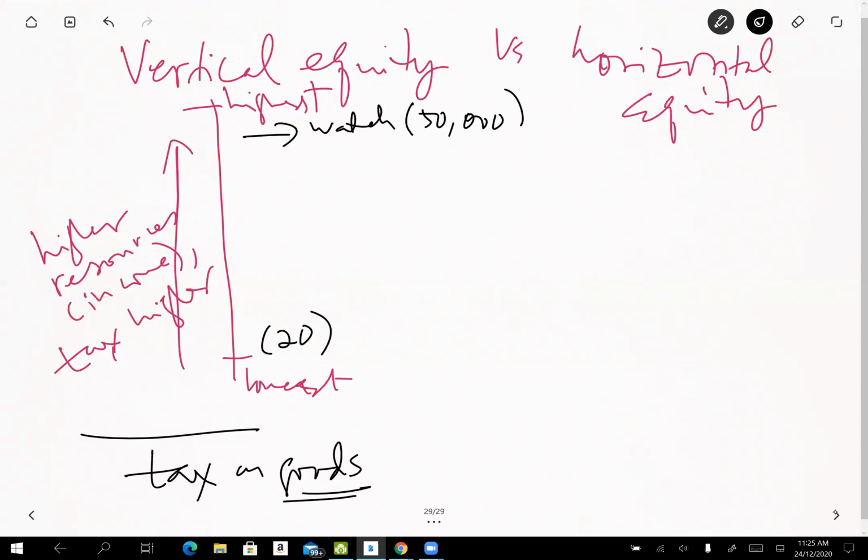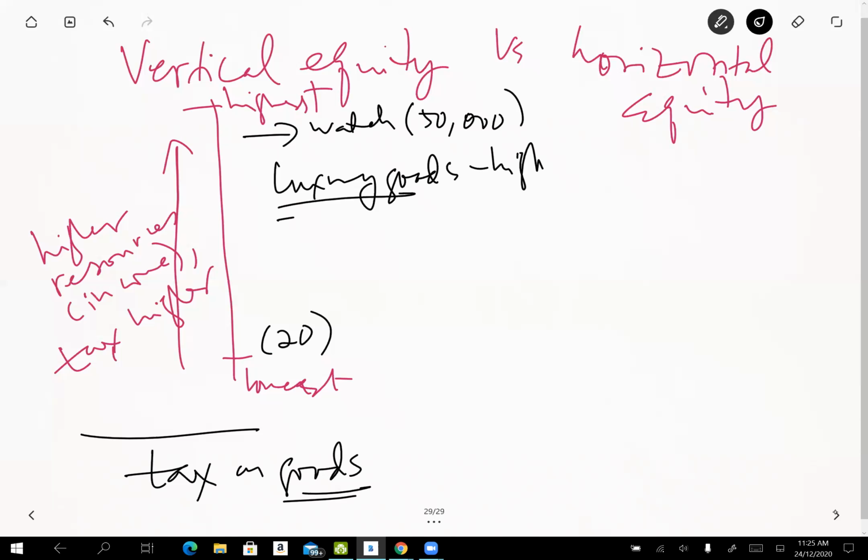So when you tax watches, you tax this kind of good high. In other words, luxury goods you tax high.